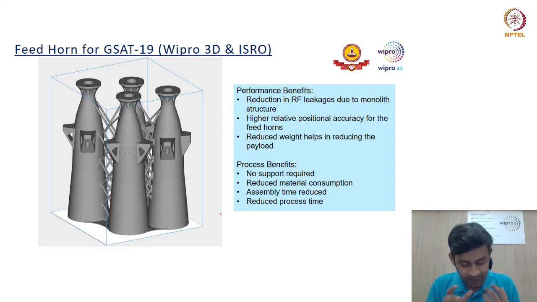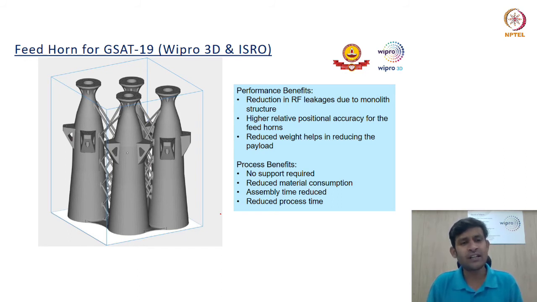Now, what are the process benefits that we are getting here? The volume of material estimated to build this component has reduced by 200%. And the assembly time has reduced. Why is the assembly time reduced? Because we have eliminated welding.